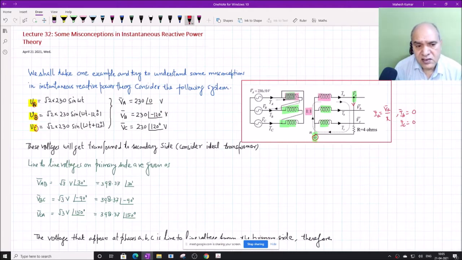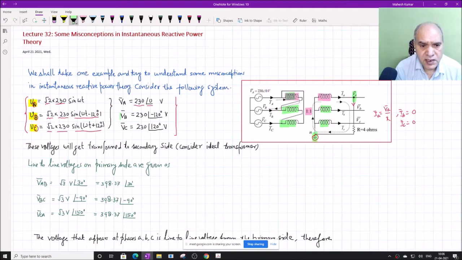We are given that the voltage is 230 V RMS at a frequency of 50 Hz, applied from the source to the primary winding, and hence we can express these voltages as root 2 into 230 sine omega t, root 2 into 230 sine omega t minus 120, and root 2 into 230 sine omega t plus 120 degrees. These are the time domain expressions for the voltages, and these are the phasor domain expressions, where we express them by RMS value and angle.